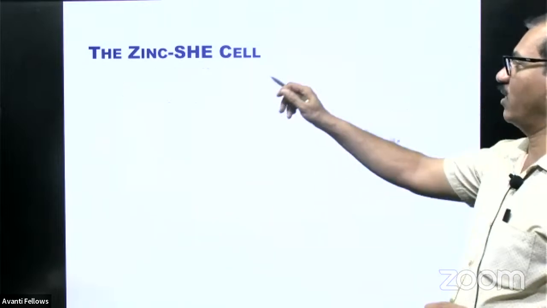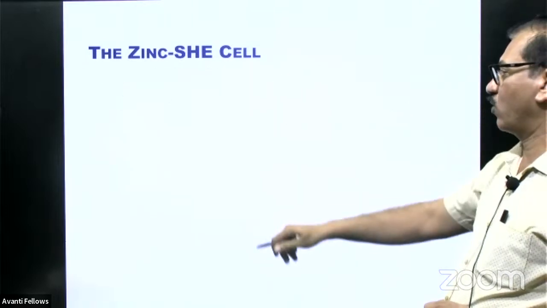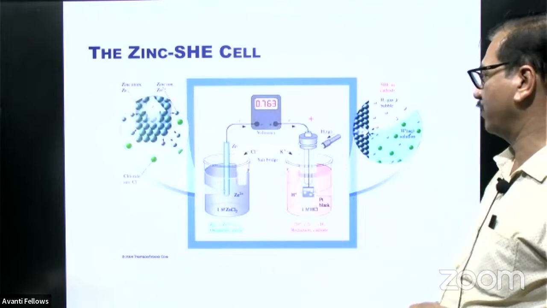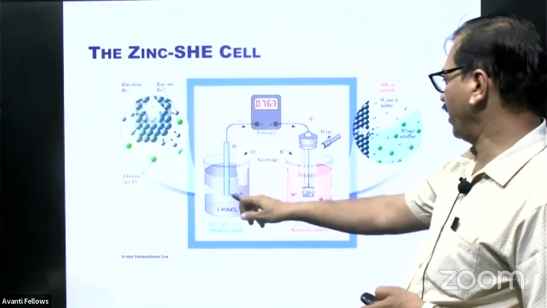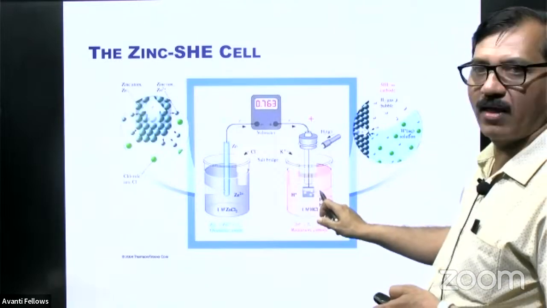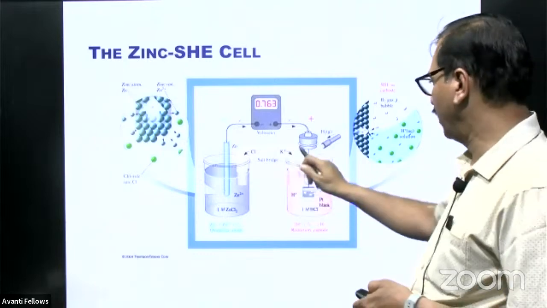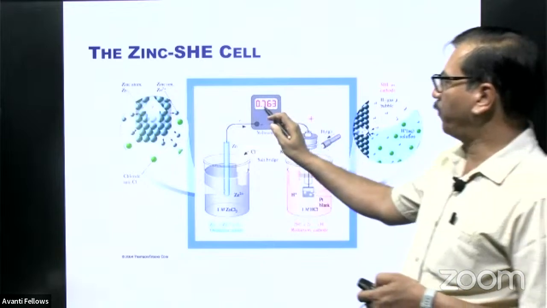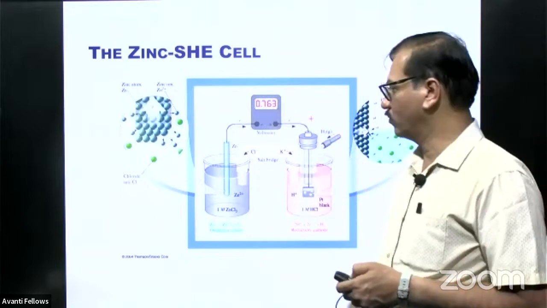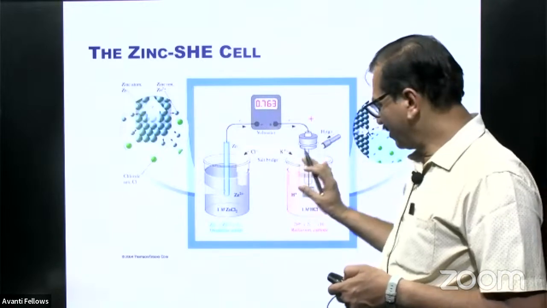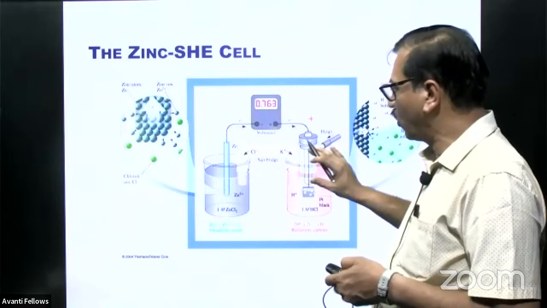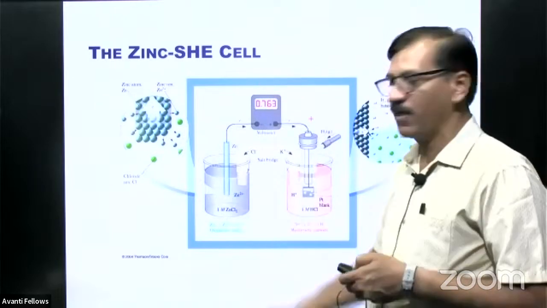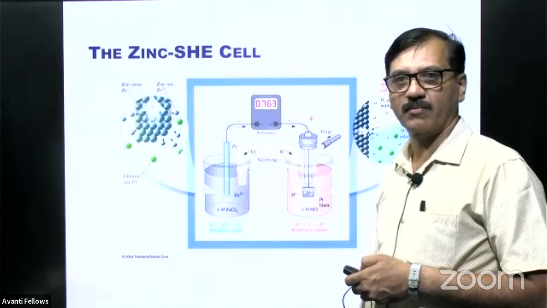When zinc and the standard hydrogen half cell are connected, we get 0.76. The hydrogen potential is considered to be 0, therefore this is the measure of the electrode potential value.